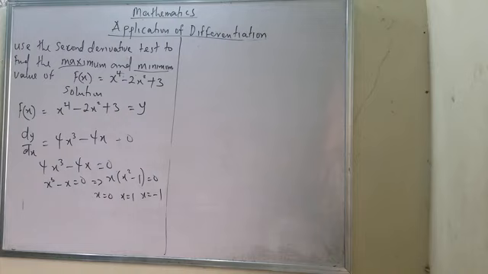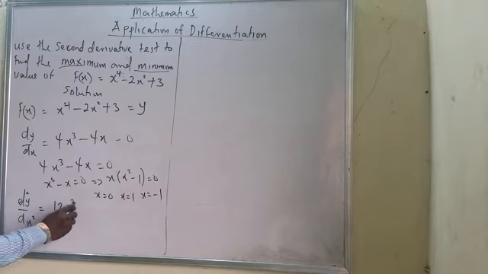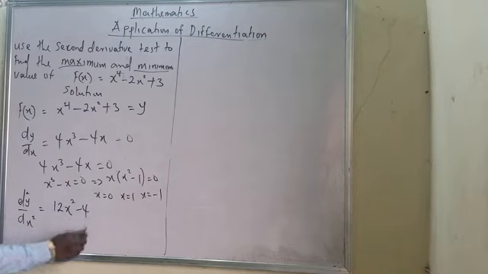Now I move on to the next one, which is d squared y over dx squared, the second derivative. It will be equal to 12x squared minus 4. And I've stated the condition earlier.